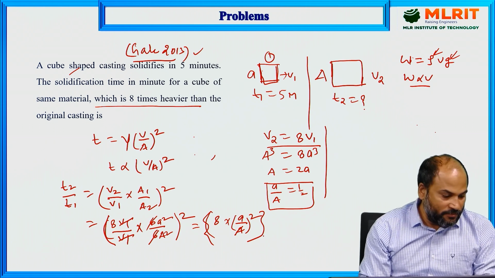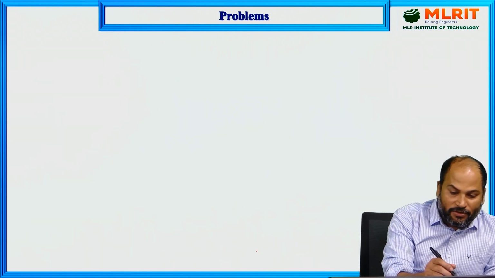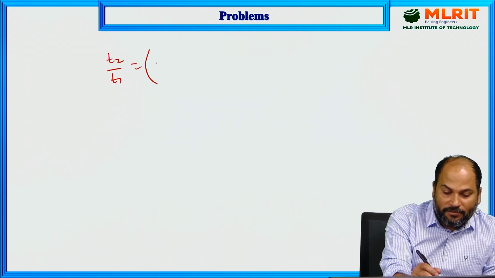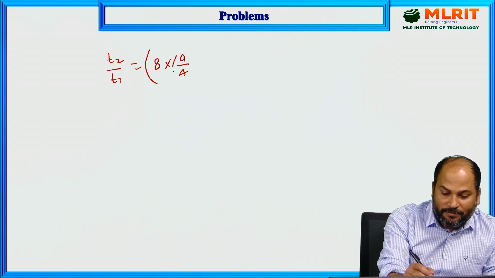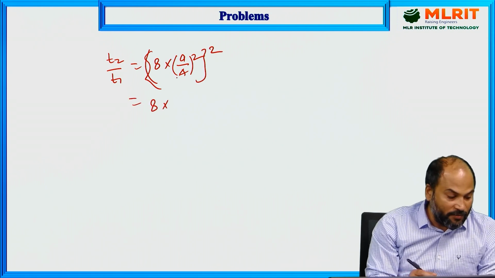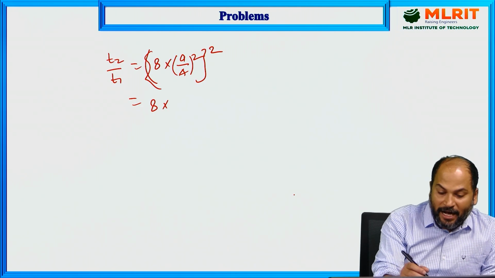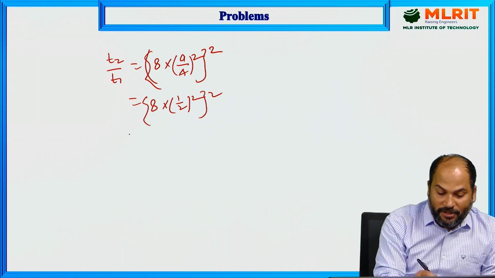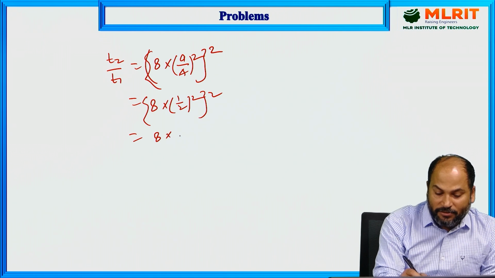So we will take this on the second page. We can write T2 upon T1 is equal to [8 into (small a upon capital A)] whole square, which is [8 into (half) square] whole square.